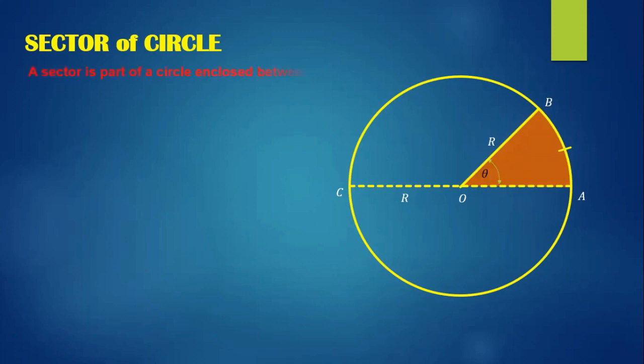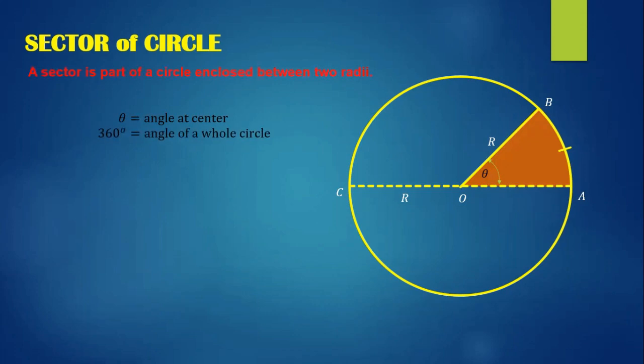A sector is part of a circle enclosed between two radii. Let's say theta is the angle at the center.